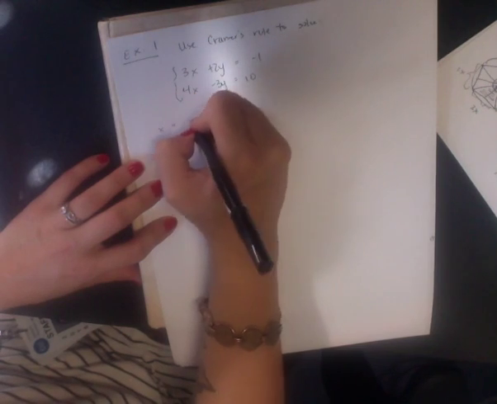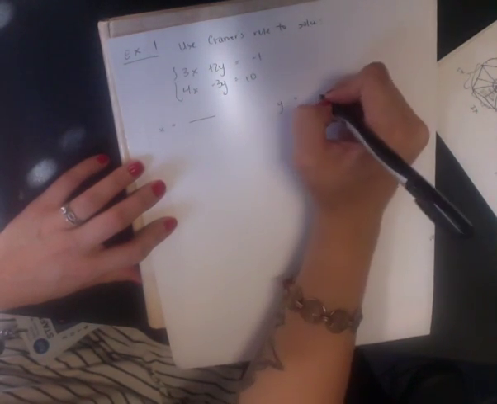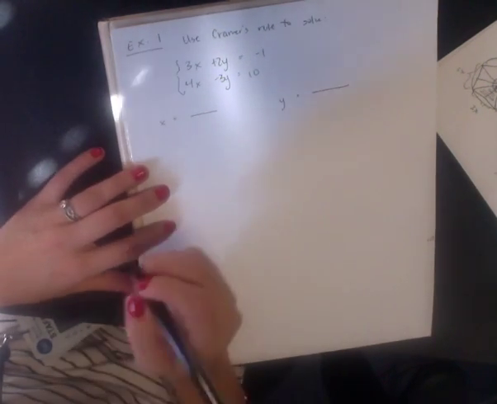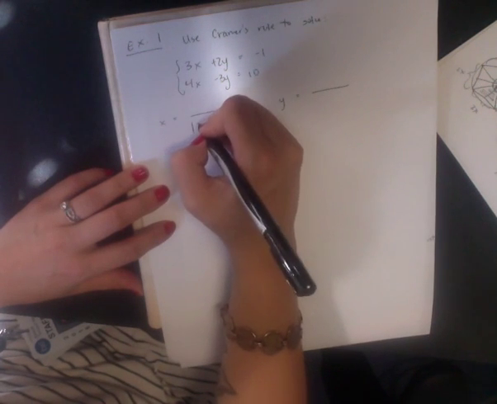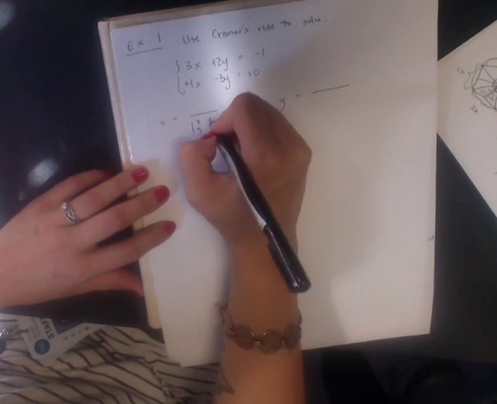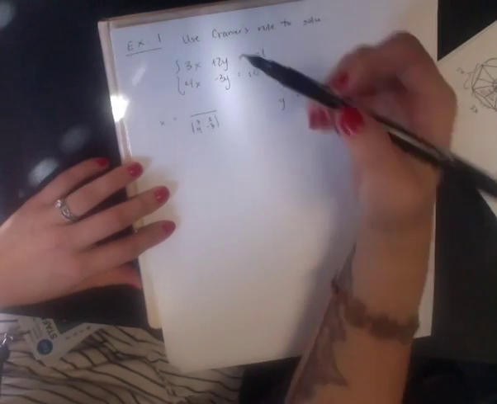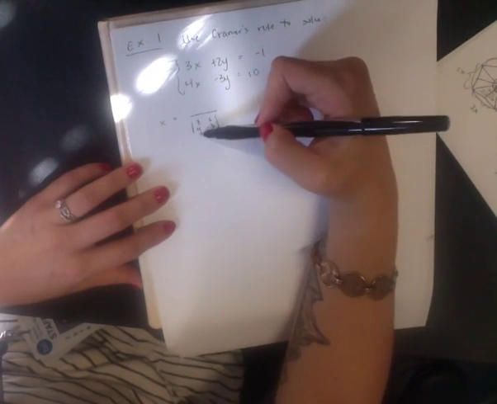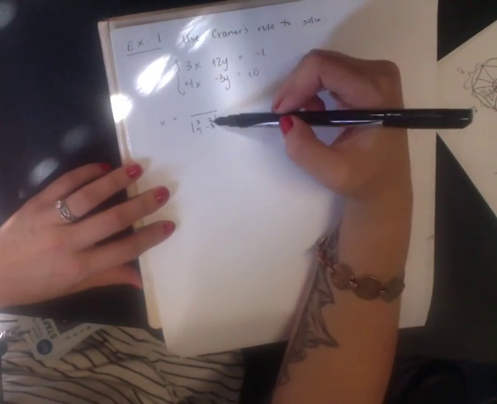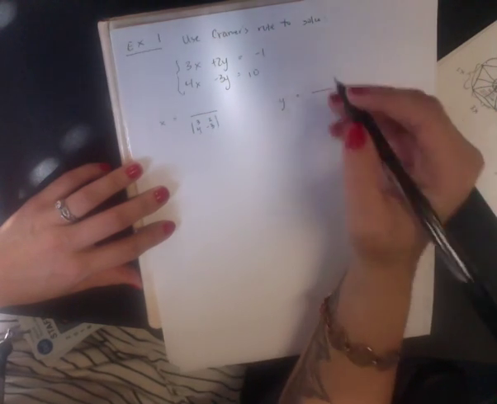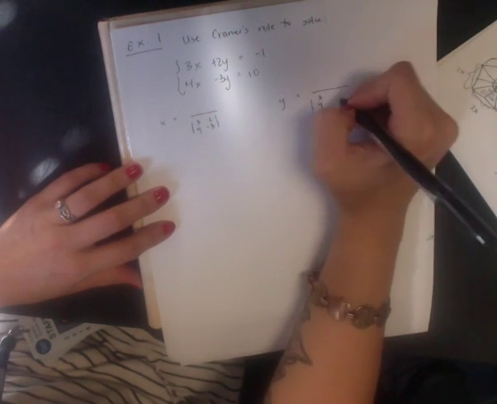Okay, I know I'm going to solve for x and for y, and I'm going to create fractions. My denominator is the coefficient matrix, right? I have 3, 4, 2, -3, and that's the same for both.